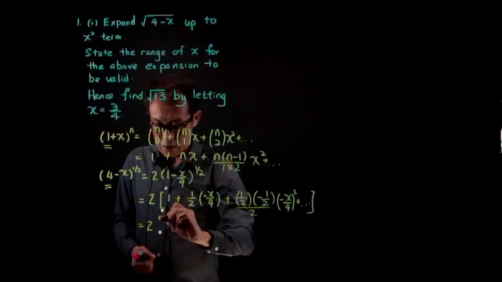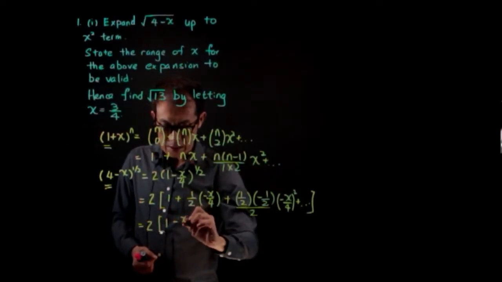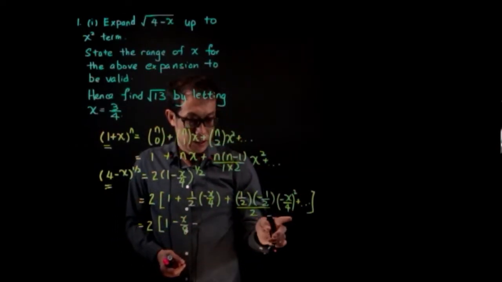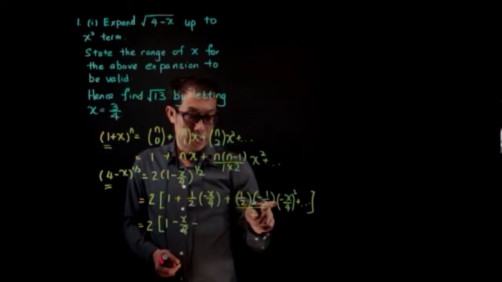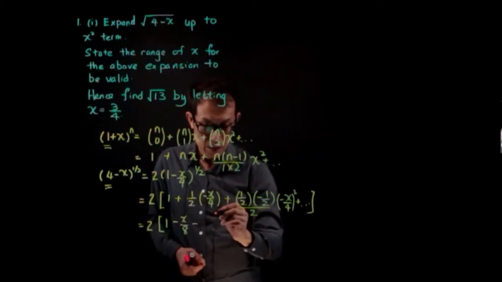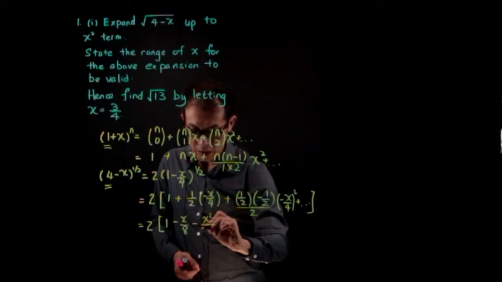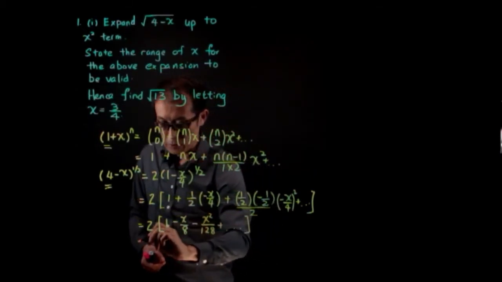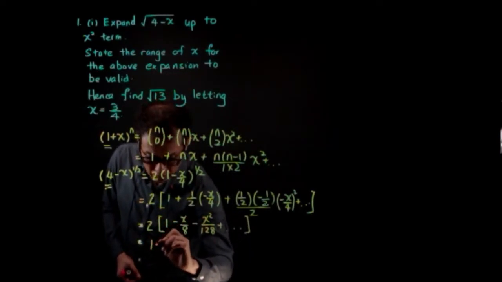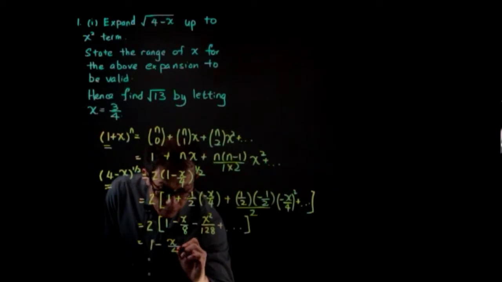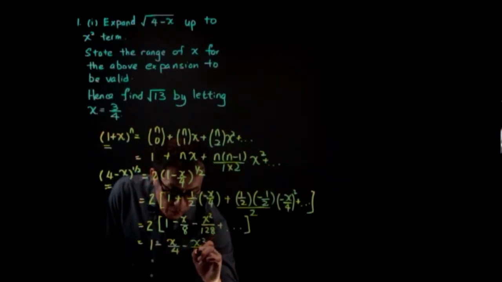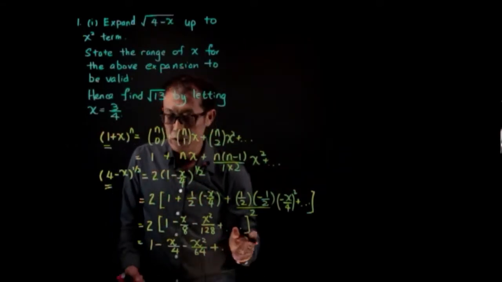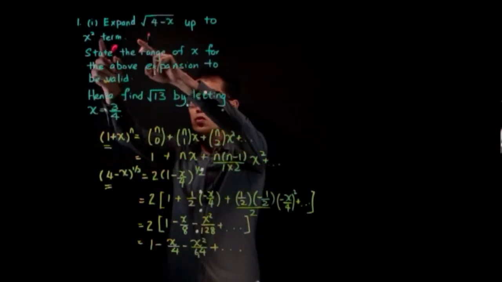So you have 2 into 1 minus x over 8, and this is negative as well, so this is 16, and 16 times 8 is 128. So minus x squared over 128 plus dot dot dot. You multiply this by 2, you have 1 minus x over 4 minus x squared over 64 plus dot dot dot. So this is our answer to this part of the question.